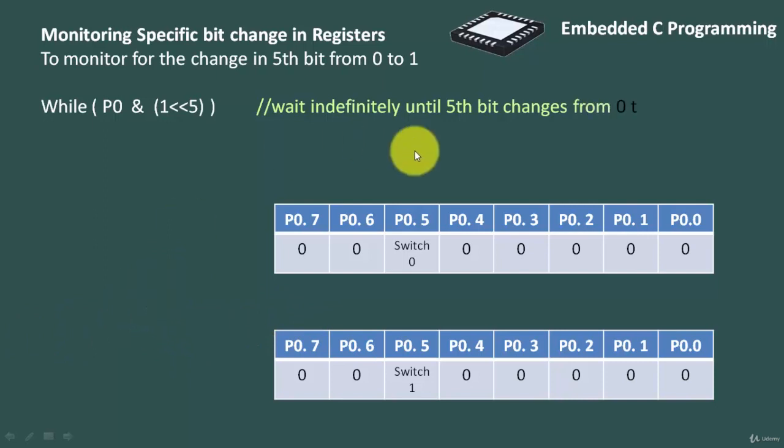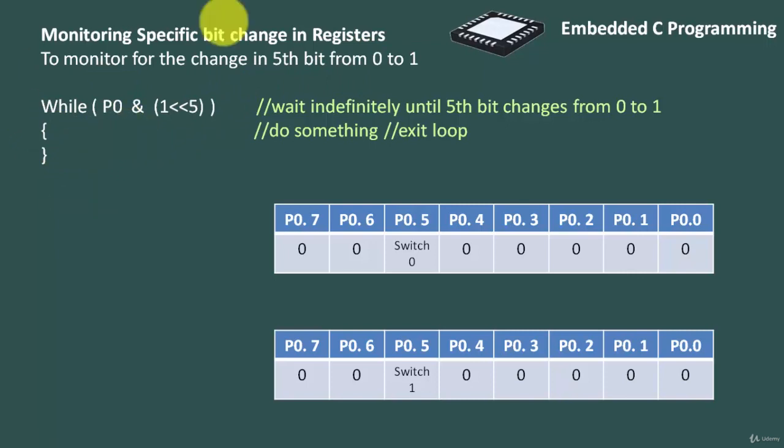Here we want to monitor changes to pin 5 from 0 to 1, meaning initially the content of this pin is 0. When the switch is pressed we will get logic 1 here. When it gets 1 we have to execute the content inside the while loop. For the time being I have kept this loop blank. Whenever you want to perform some logic when the switch is pressed you can write it here.